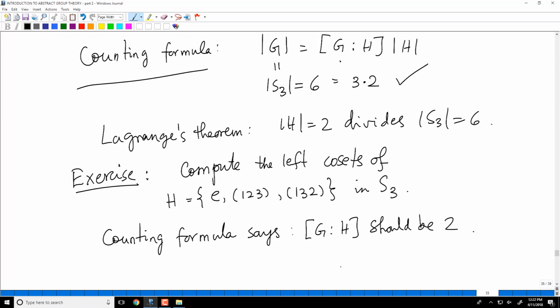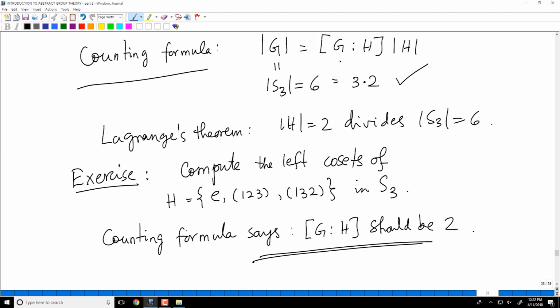So verify this by explicitly computing the left cosets. See that there are 2 left cosets of this particular H in S3.